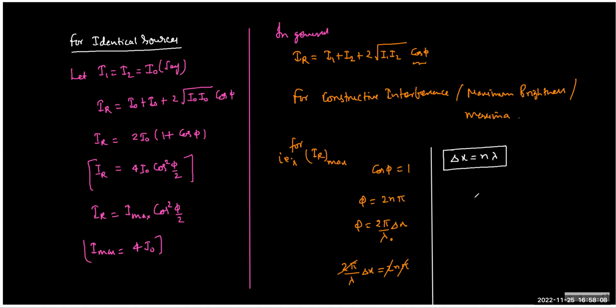Okay, so this is the condition for maximum. If the optical path difference is n times lambda, an integer multiple of lambda, the waves will meet in phase and will produce the maximum. Okay. Yes, sir.